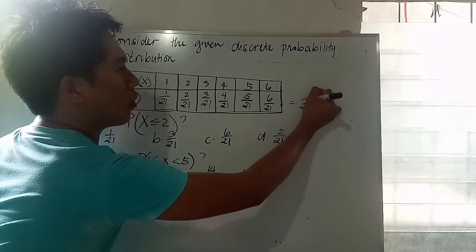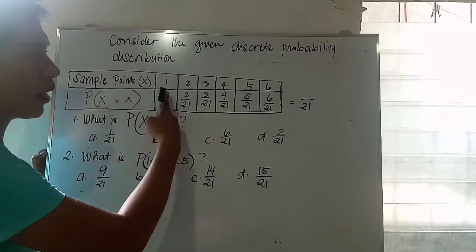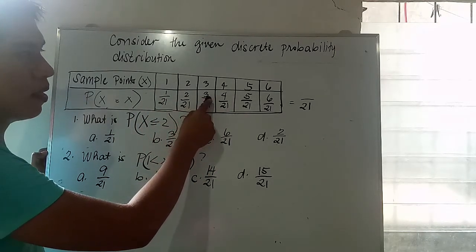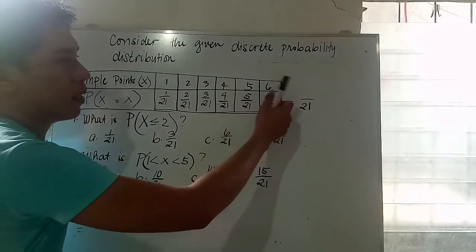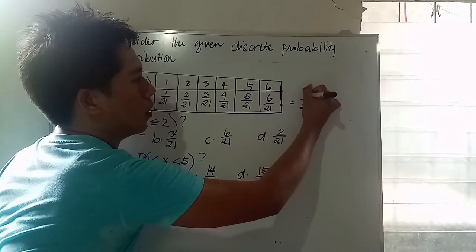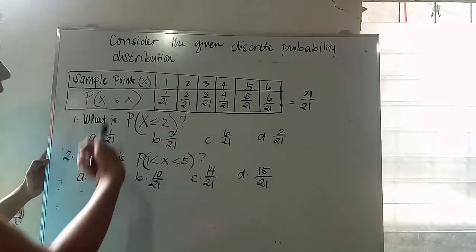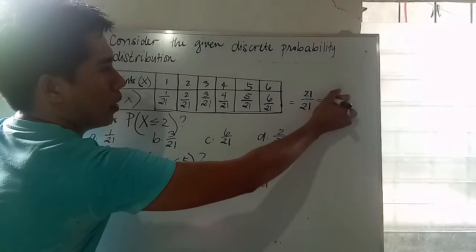When you add similar fractions, just copy the denominator, then add the numerator. So 1 plus 2 is 3, plus 3 is 6, plus 4 is 10, plus 5 is 15, plus 6 is 21. So the sum of all the probabilities under this table is equal to 1.